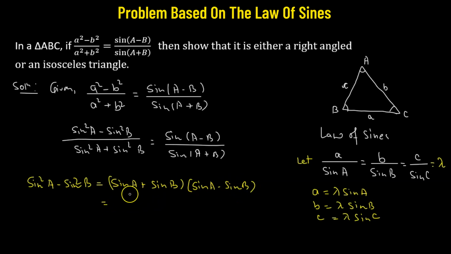Now, what's the sum sine A plus sine B? That's 2 times sine of (A plus B)/2 times cosine of (A minus B)/2. Then the difference, sine A minus sine B, is given by 2 times cosine of (A plus B)/2 multiplied by sine of (A minus B)/2.